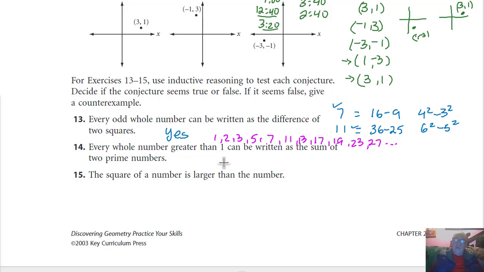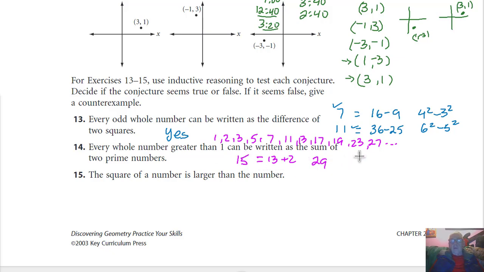So let's look at 15. 15 is a whole number. Can we think of it as the sum of two prime numbers? Well, it's not going to be 11 with 4, 13 and 2. Let's look at 29. 29 is another whole number.